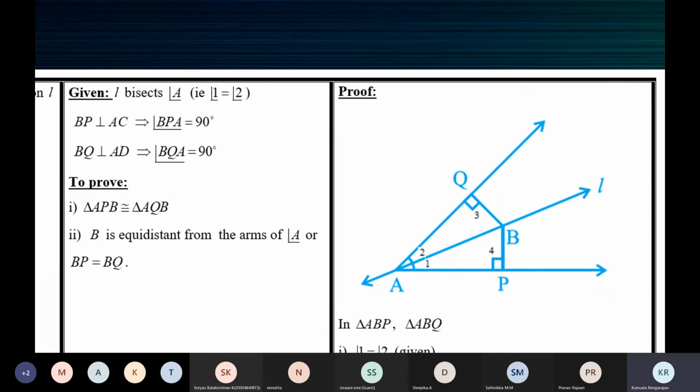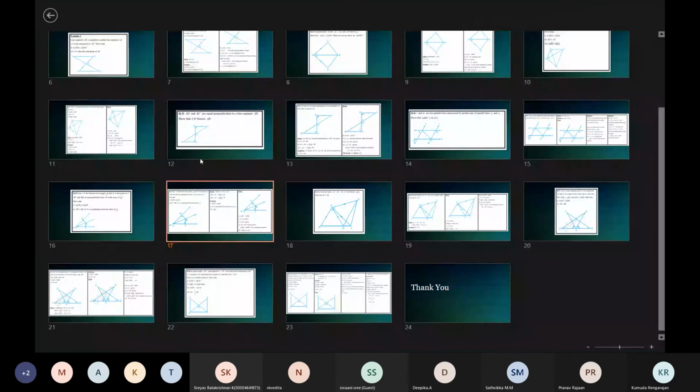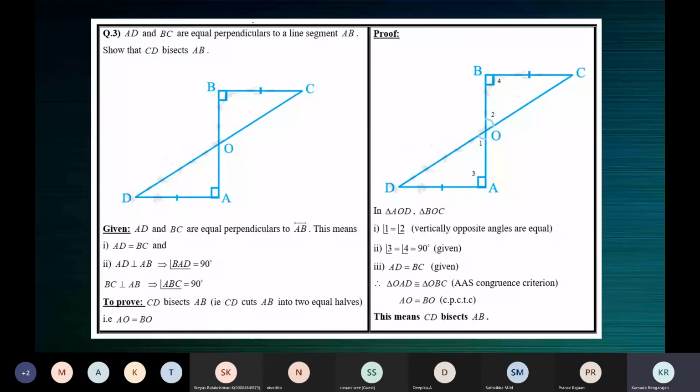Ma'am, BP is equal to BQ. Why? Give the reason. Ma'am, they both are 90 degrees. Yeah, that is angle 3 and angle 4. See, in question number 3, they were given to be equal perpendiculars.